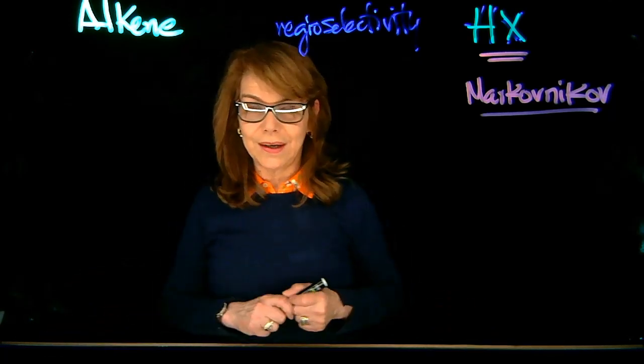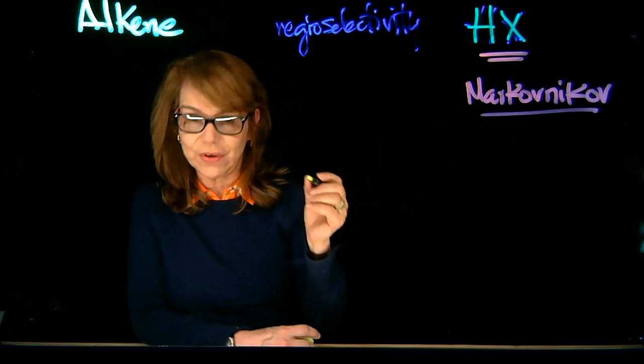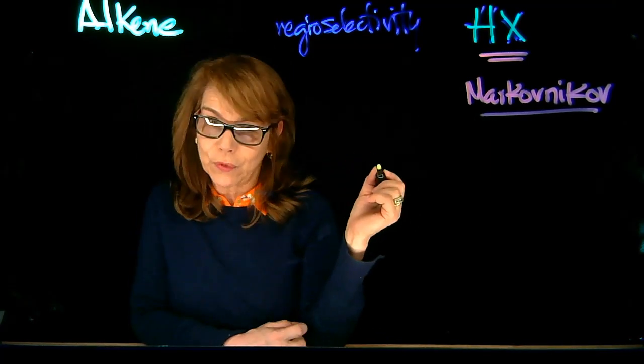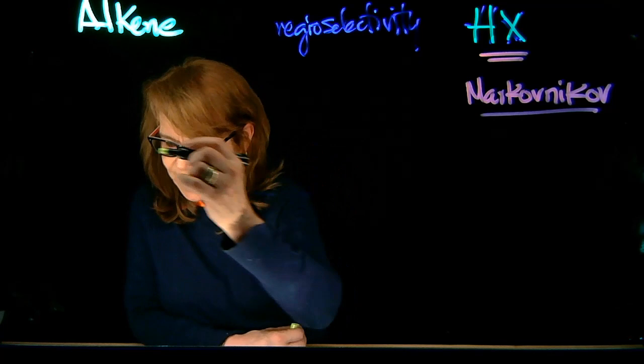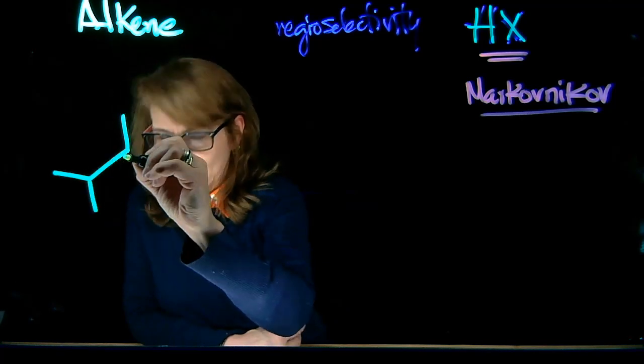We're going to do a couple more examples with Markovnikov hydrohalogenation to show when we form a chiral center. So what happens? Let's draw an alkene here.